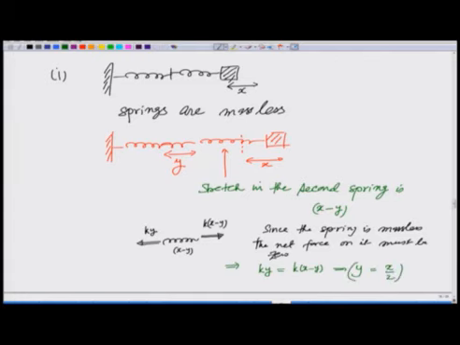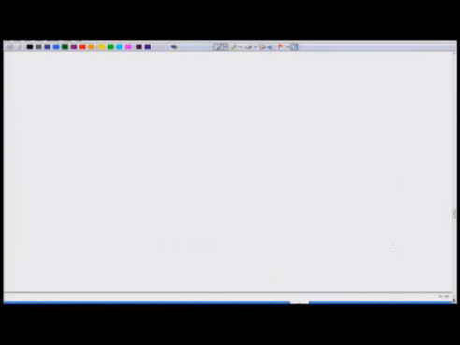So, now we have found that as these two identical springs are stretched, if the entire displacement of the mass is x, then each spring gets stretched by x by 2. So, let us make this again. If this is x, this has gotten stretched by x by 2 and this has gotten stretched by x by 2.